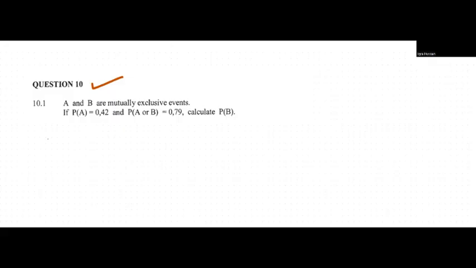For any two mutually exclusive events, like A and B over here, the probability of A or B occurring is simply the sum of their individual probabilities.